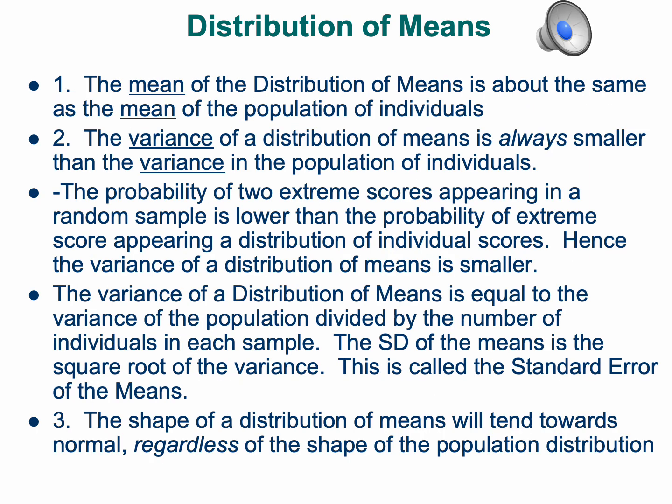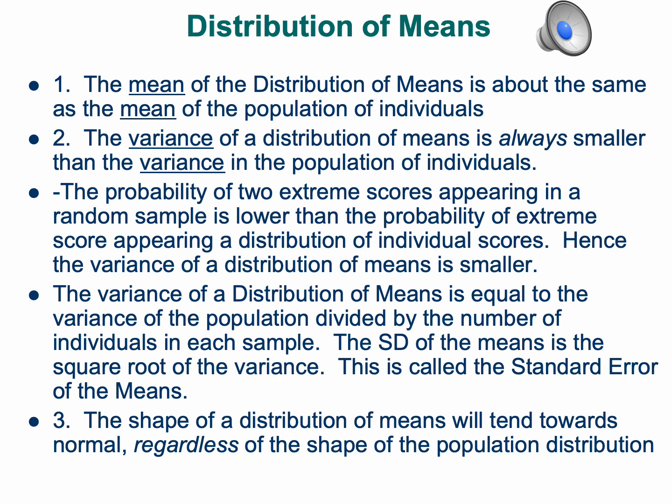Here are some additional points about the distribution of means. Now this distribution of means, again, is the comparison distribution from which we're going to get our probabilities. Here are some main points about it. And when we go through this demonstration on the next slide, we'll learn a lot more about this, but just keep these points in mind.